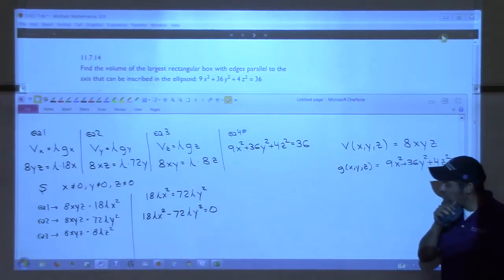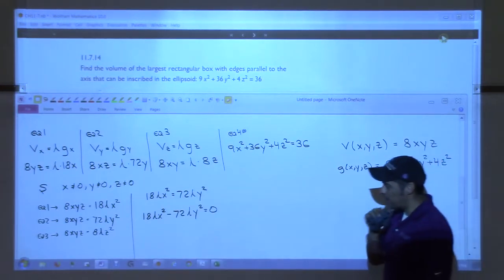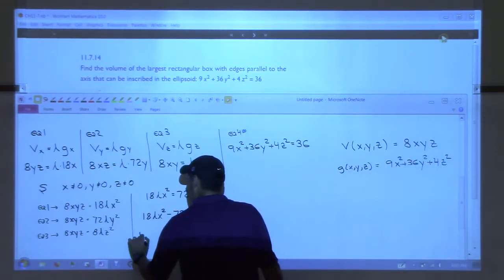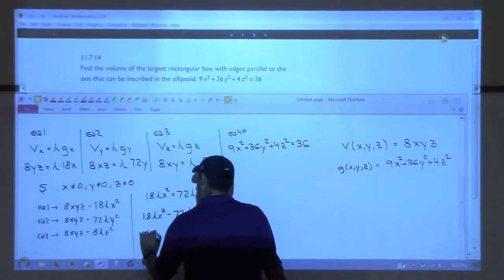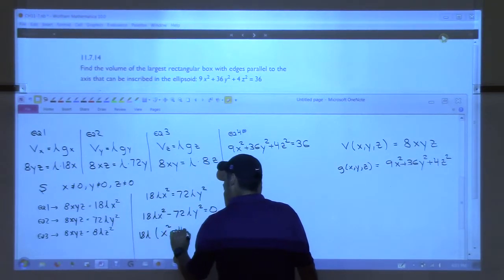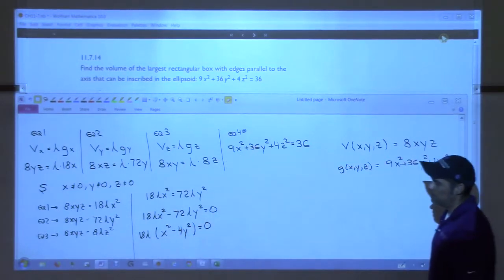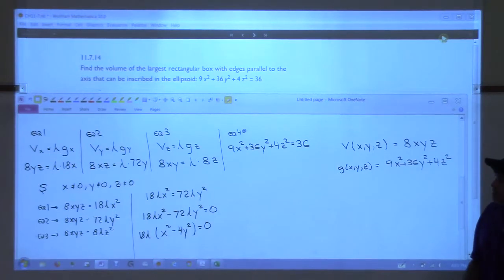I can factor an 18 out, right? 18 times 4 is 72. So I can pull out 18 and I can pull out lambda, and I'll be left with x squared minus 4y squared equals 0. So that means that either lambda is 0, or x squared minus 4y squared equals 0.